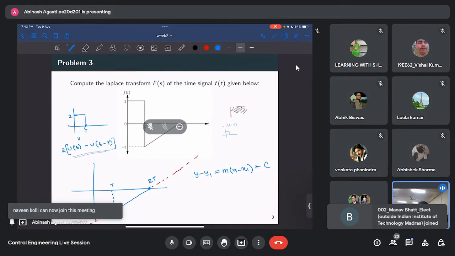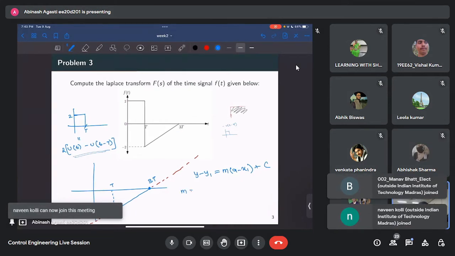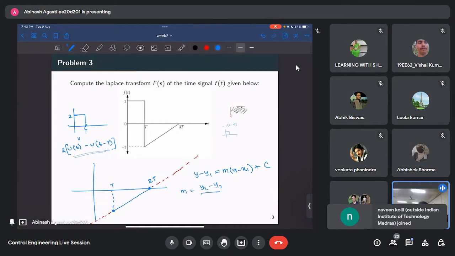So okay, now m is what? y2 minus y1 by x2 minus x1, right? So we found that slope was, this is 0, this is minus 2. So first we'll take this point.